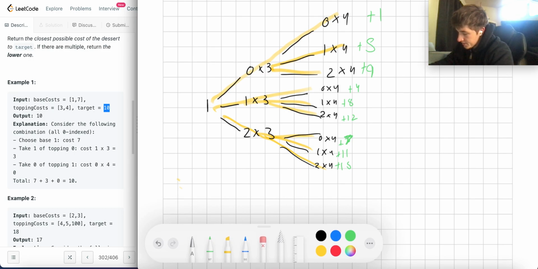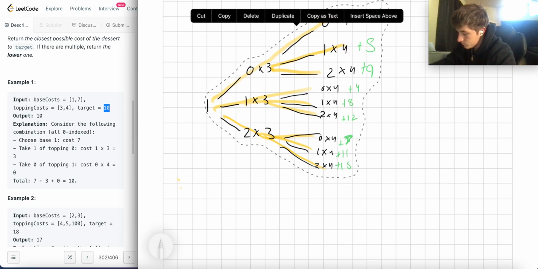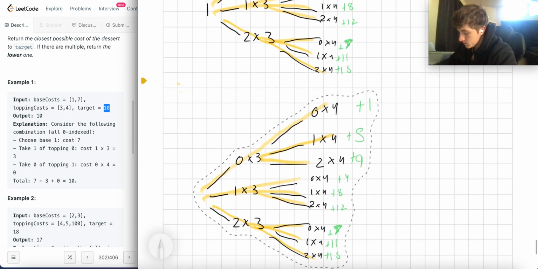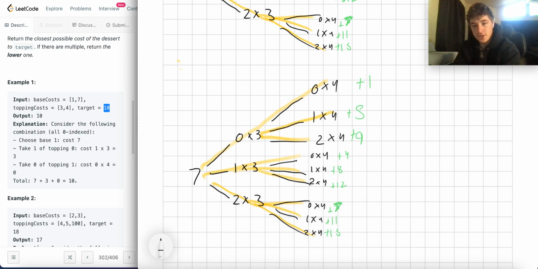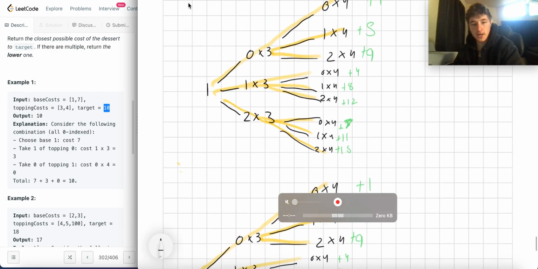Okay, and then what I can do is copy this system here. And then I can look at the next ice cream that I can use, which is 7, which would then make all of these 6 greater, right? Because the previous one was 1 and this one's 7.